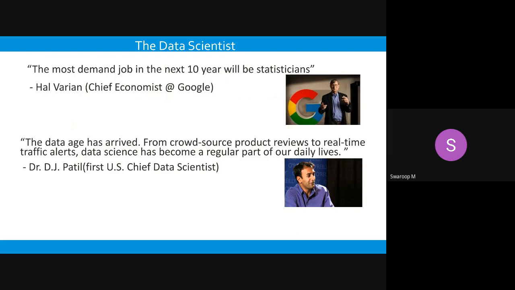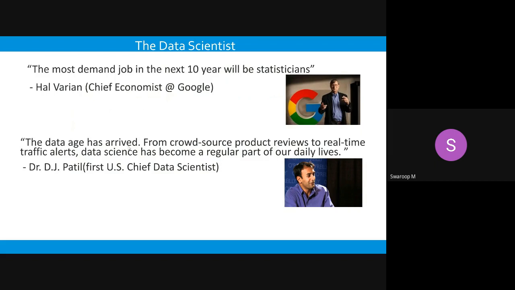For the same reason, data science has been continuing as a 4-year BTech degree. A lot of batches have already come out. So as a data scientist, the future is about data and analysis.